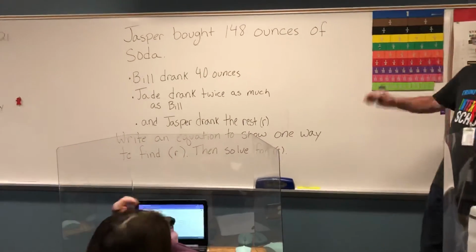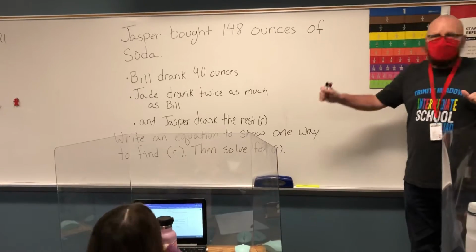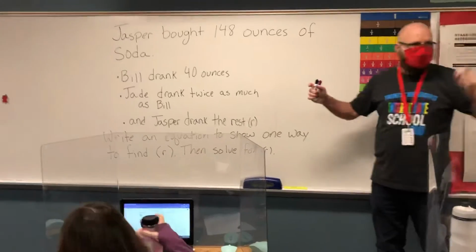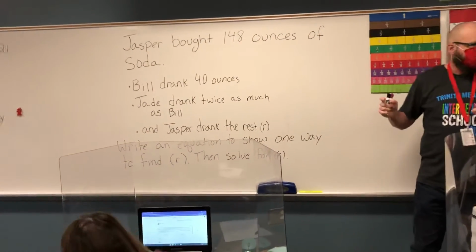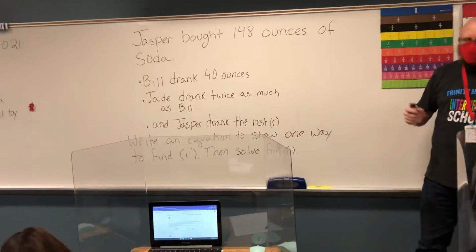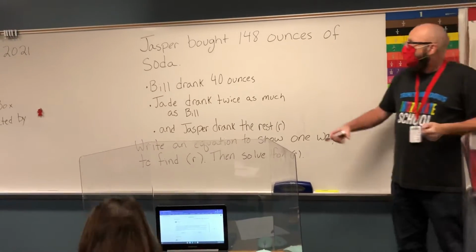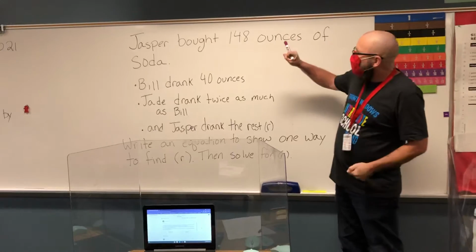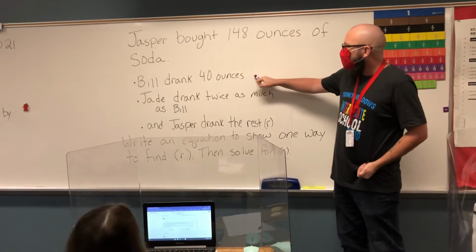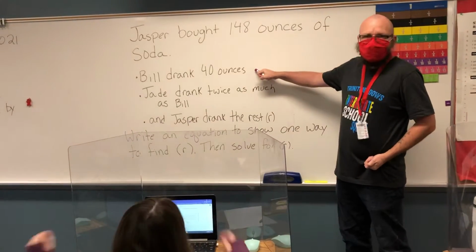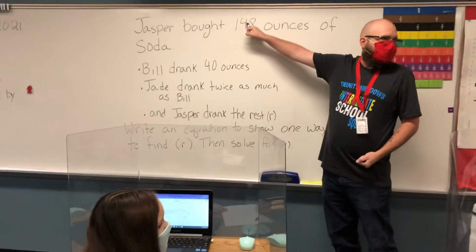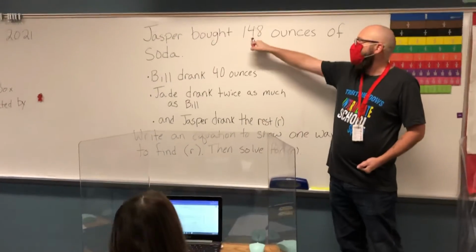When you're going through problems like this, you're going to break it into pieces to begin. So, if we have Bill drinking 40 ounces, we have a total of 148 ounces.